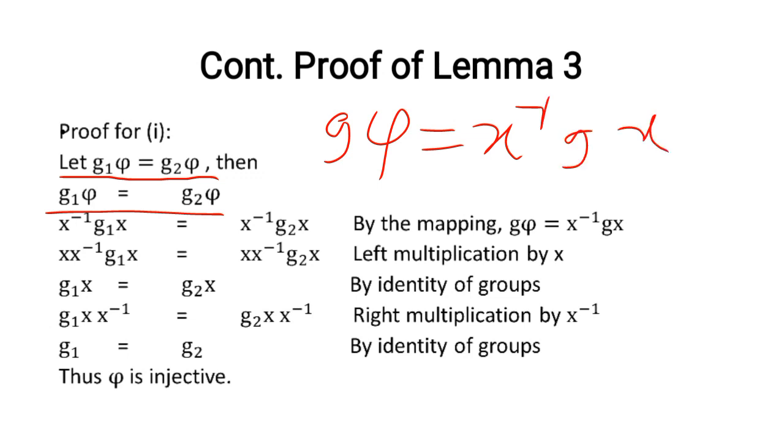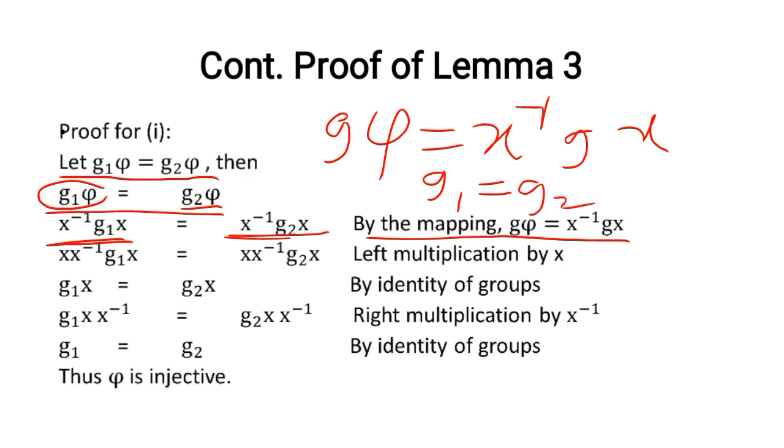Okay, that's what it does. So whenever it picks G1, it puts x inverse in front and x behind. It picks G2, it puts x inverse in front and x behind. So that's how we got to this step, and that's by the rule of the map, right? Okay. Our target is to show, if we have this, that G1 will be equal to G2.